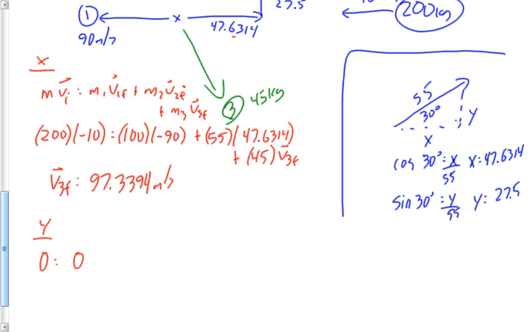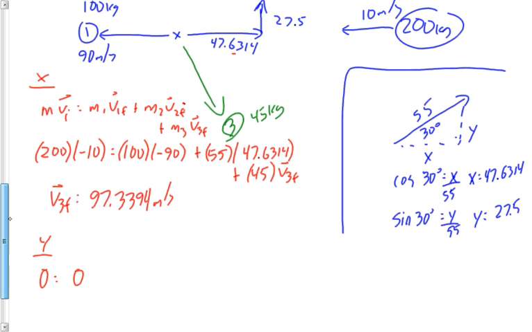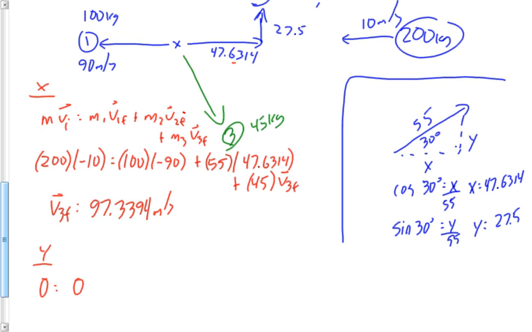Object number 2 has a mass of 55 kilograms. And on the Y-axis, it's got a velocity of 27.5 meters per second. Plus mass of object number 3 times V3F. Solve for V3F. And it works out to be negative 33.611.